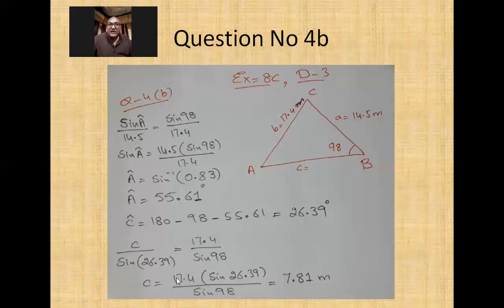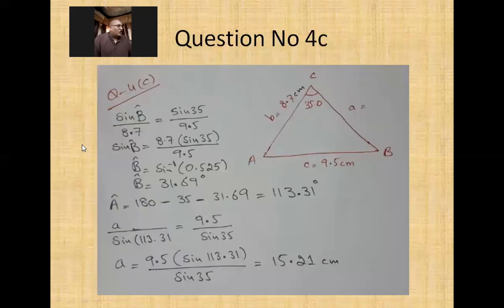So C will be equal to 17.4 multiply sine 26.39 divided by sine 98, equals. So you will get 7.81 meters. So this is how you will do question number 4, B part, very simple use of the law of sine.